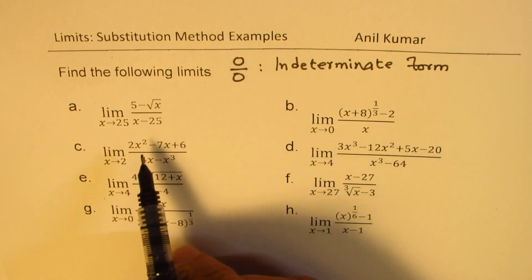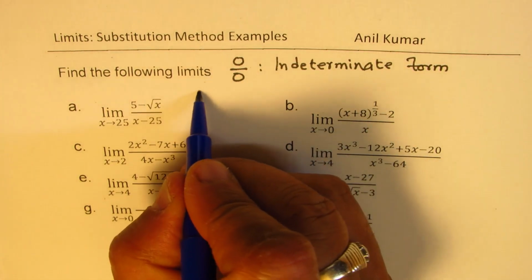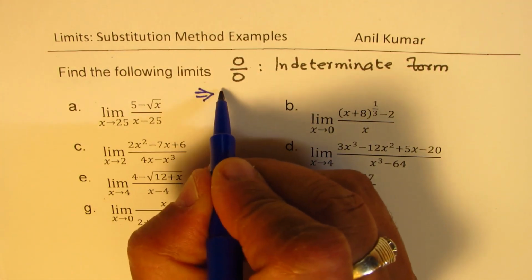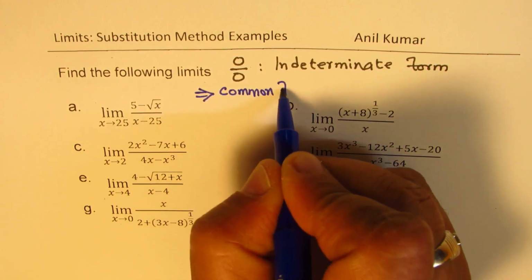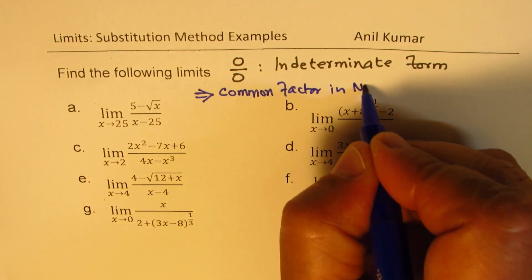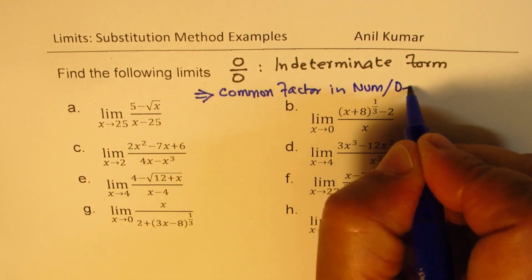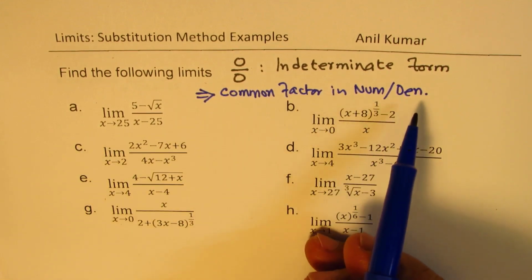It may exist. One very important thing here is that it always indicates a common factor in the numerator and in the denominator, and that is the reason why we have 0 over 0.